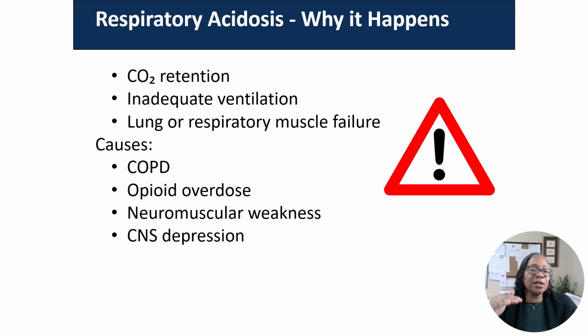The CO2 continues to rise, the oxygen status is going to start falling, and compensation can fail. And like I said previously in another video, compensation doesn't matter if you can't oxygenate, right? So the biggest thing with these patients is assessing the airway and ventilation because that's the priority.